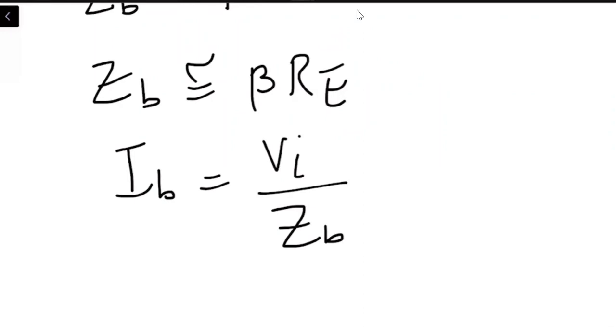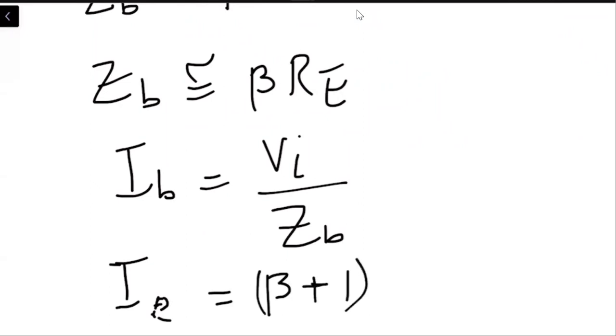And we also know that IE is equal to beta plus 1 times IB, right?